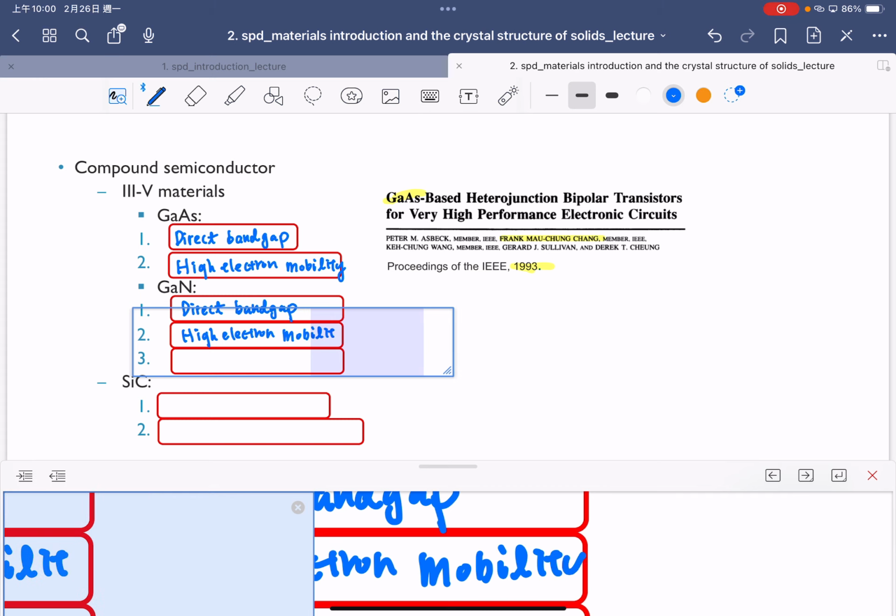So if you compare gallium arsenide and gallium nitride, you find that all of the good advantages of gallium arsenide, gallium nitride has as well. And the last one, which is the most unique one that only gallium nitride has, is the large band gap.